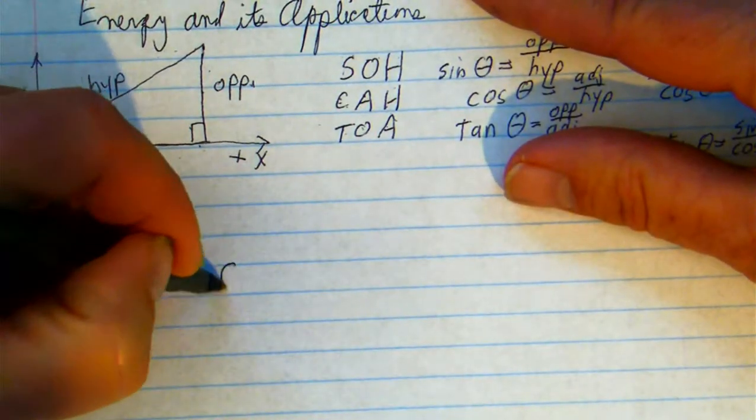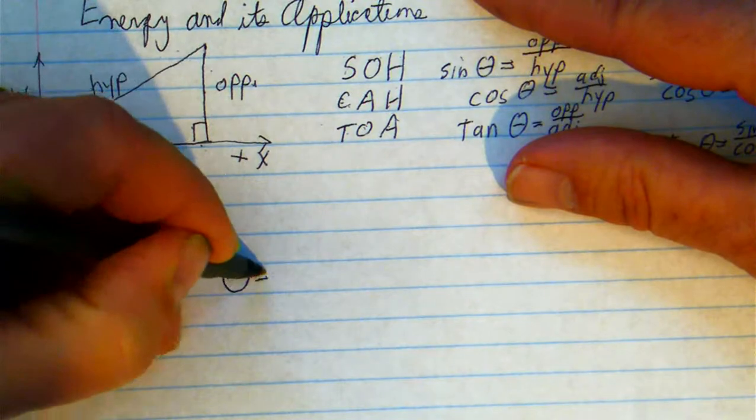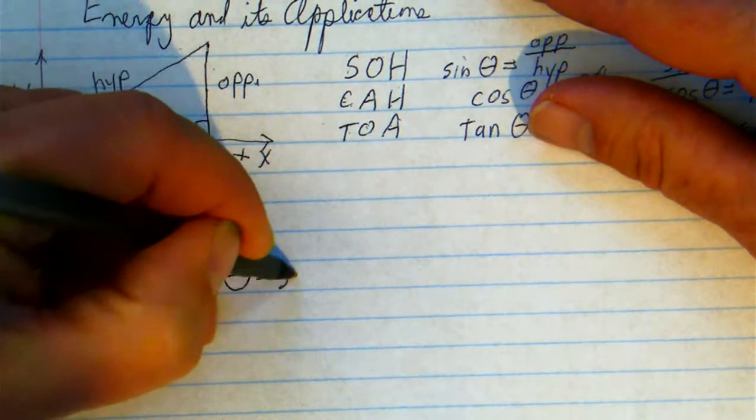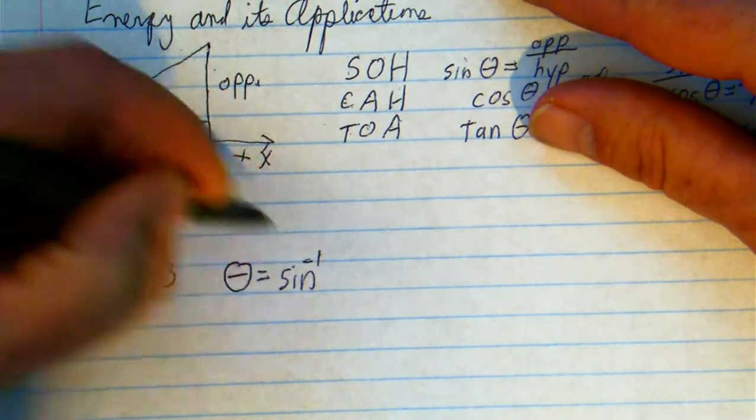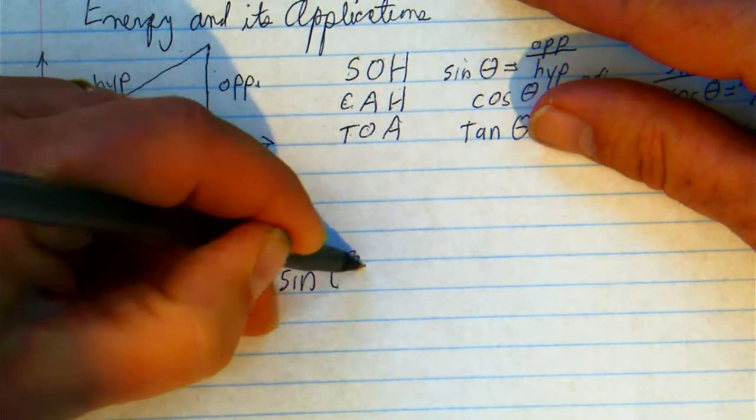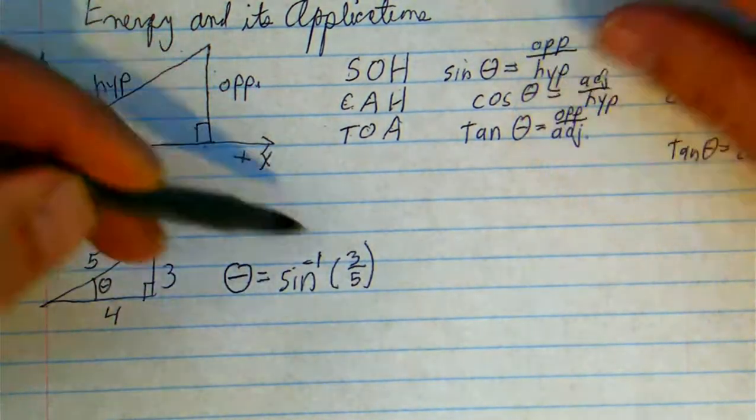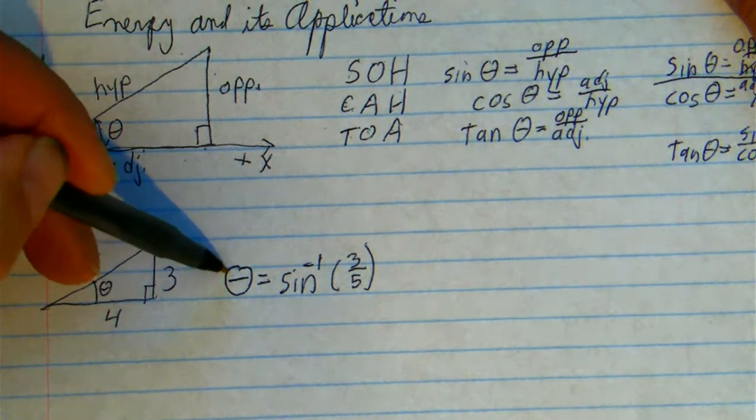In this case, theta would be the inverse sine of 3 over 5. And if you put that into your calculator, you'll get an angle out.